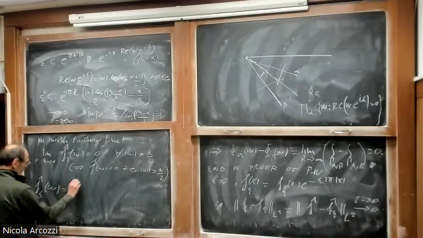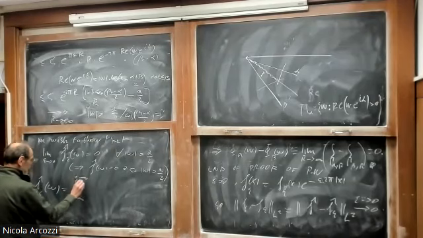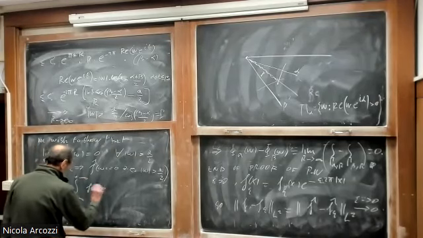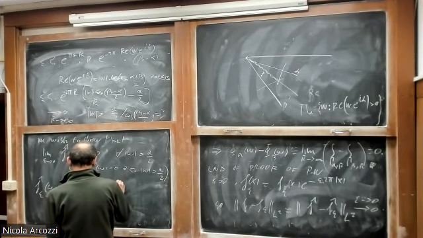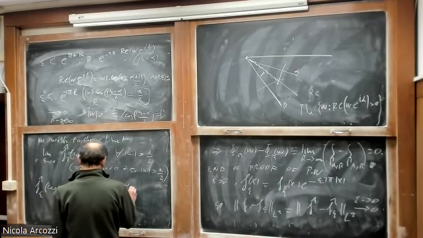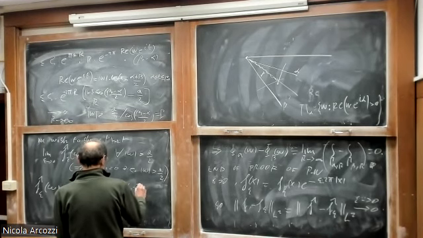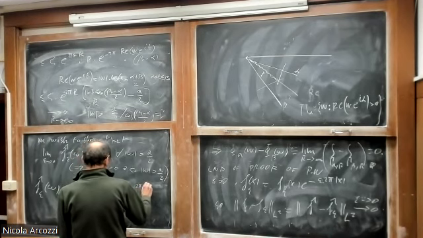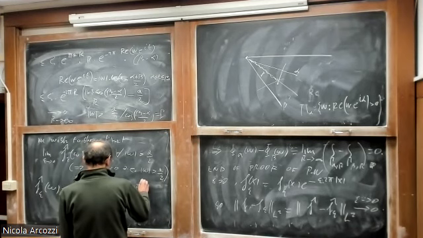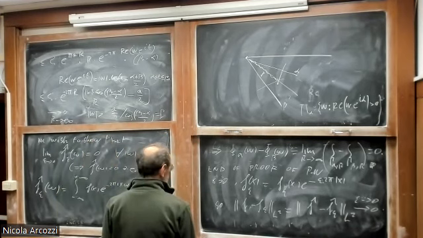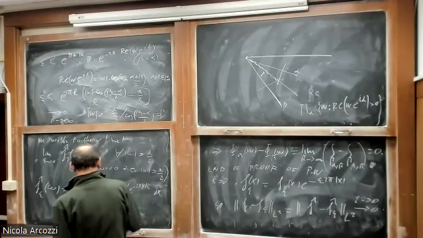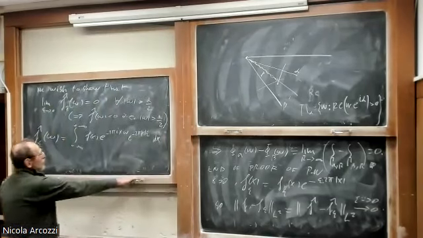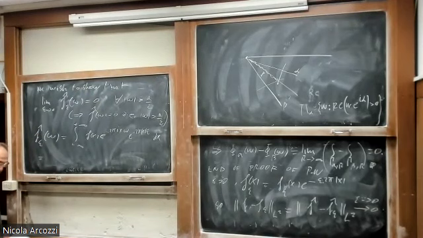This is the integral between minus infinity and plus infinity of f of x times e to the minus 2πi x omega, e to the minus 2π epsilon x, and we split this into a positive term.